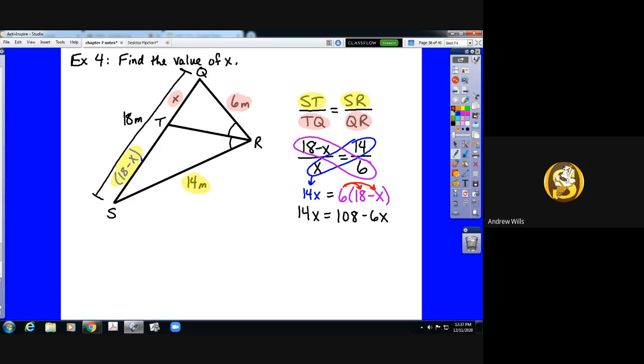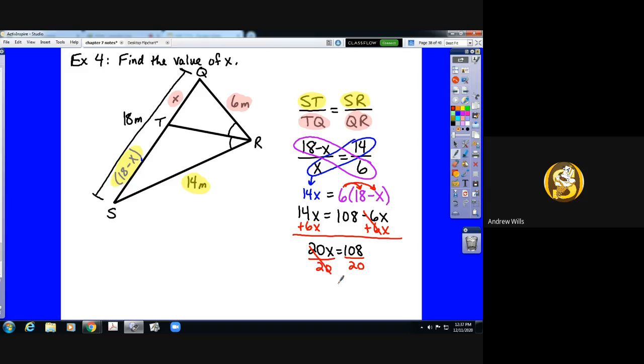Then we need to move the x to the left side of the equation by adding 6x to each side, which would give us 20x equals 108. And then divide by 20.